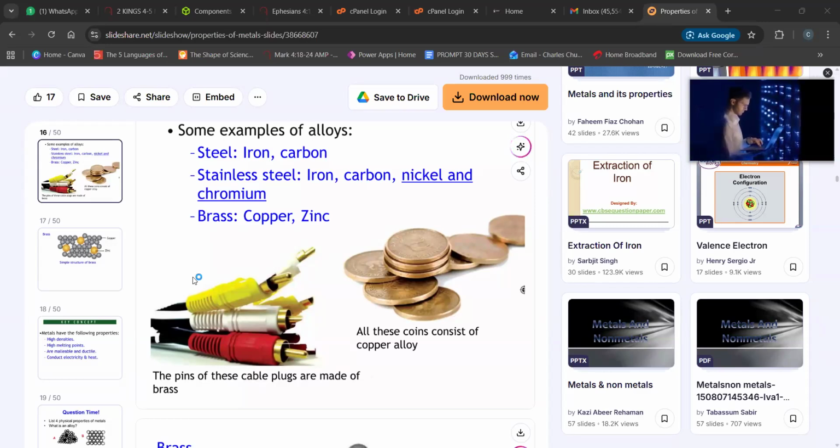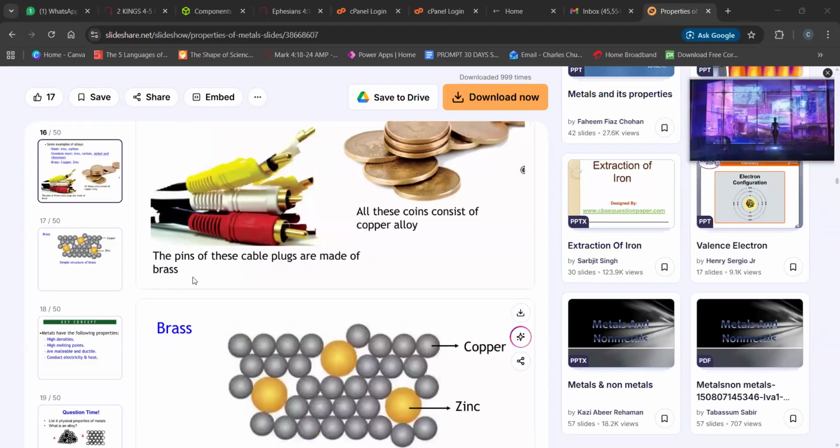Of course, those who know how to identify real gold can still tell the difference between gold and brass. But when you combine copper and zinc, you have that alloy called brass, and you can see it's used for making coins, as we see in that picture.